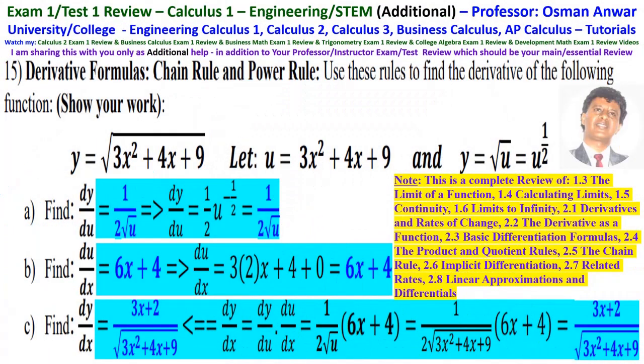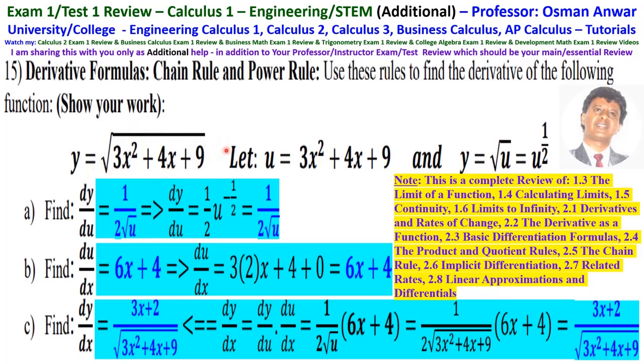Number 15, also we're going to do chain rule and power rule to find the derivative of y equals square root of 3x squared plus 4x plus 9. This is not easy to differentiate as it is. So what we'll do is call what is inside the radical u.